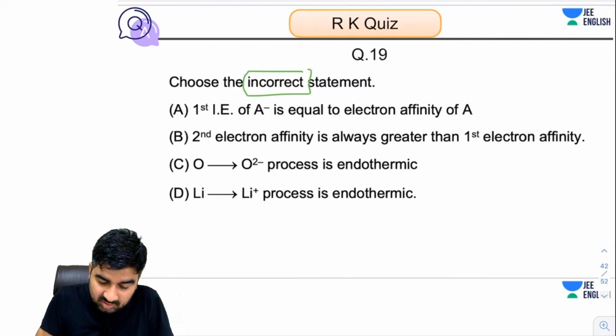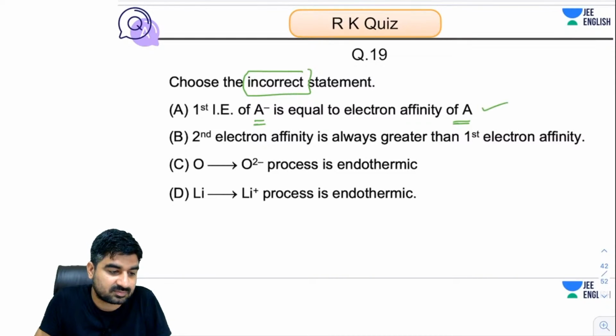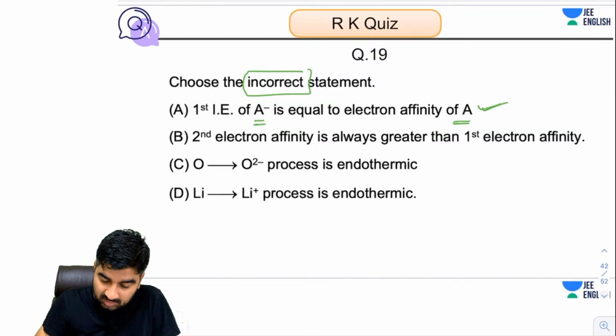First ionization energy of A minus is equal to electron affinity of A. It says incorrect. So this is correct. It cannot be your answer. Now, O minus giving you O2 minus, the process is endothermic.